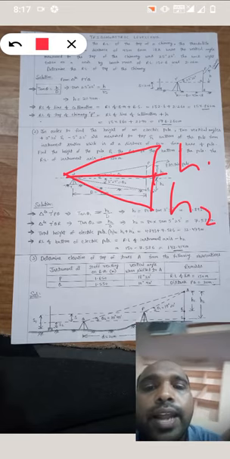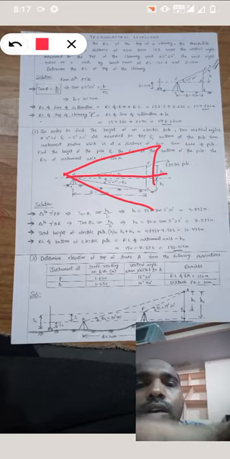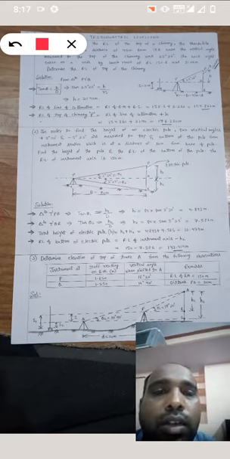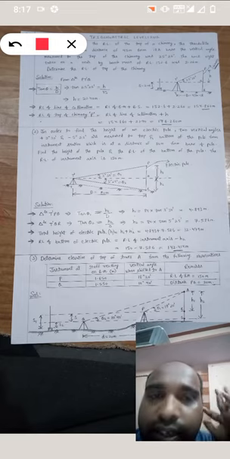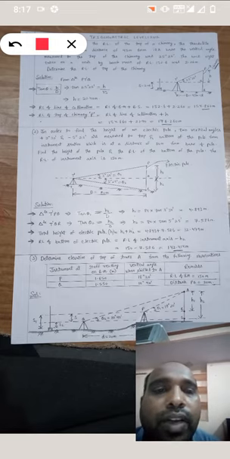So tan theta 1 equal to H1 by D. D is given, 80 meters. So H1 we will get 4.89 meters. Next H2 we will get 7.586 meters.